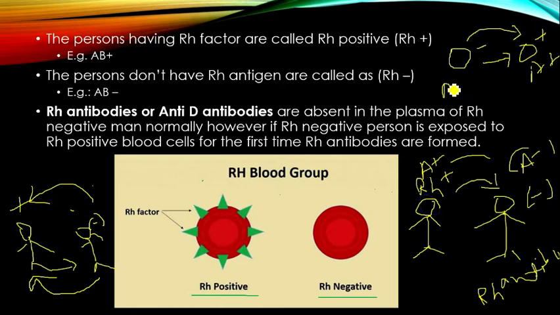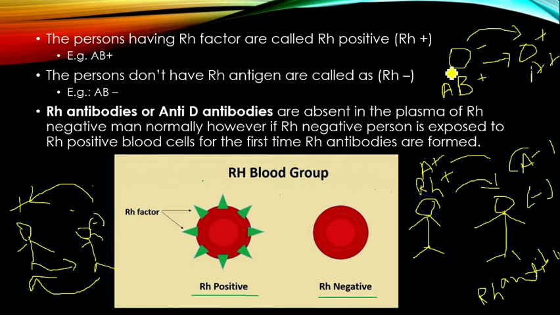Then the universal receiver is AB positive, not AB negative. Why? Because with AB negative, we cannot transfer blood from O positive or AB positive to AB negative. The negative blood group can produce Rh antibodies.